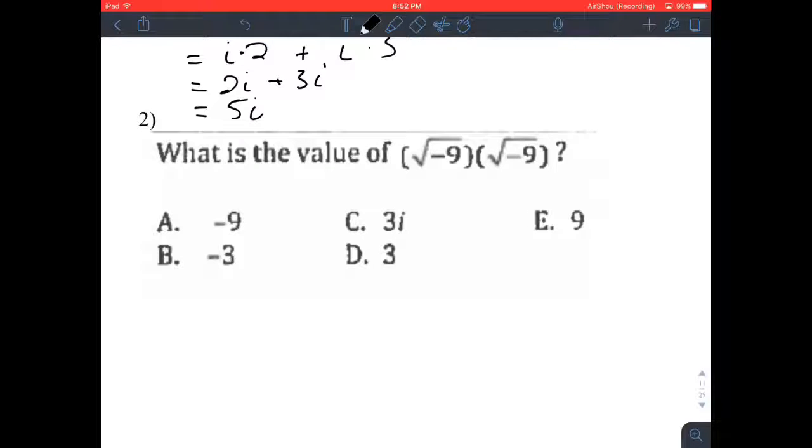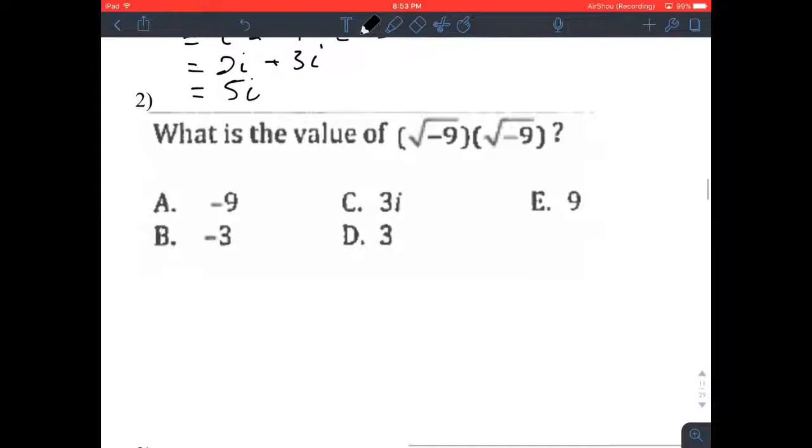Next one, what is equivalent to... we got square root of negative 9 times square root of negative 9. So let's see what we can do with this.